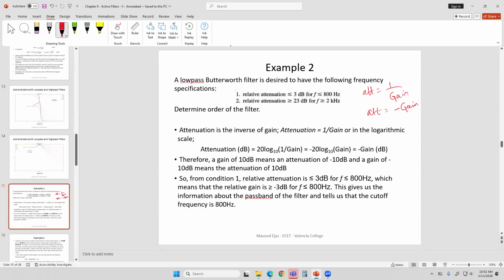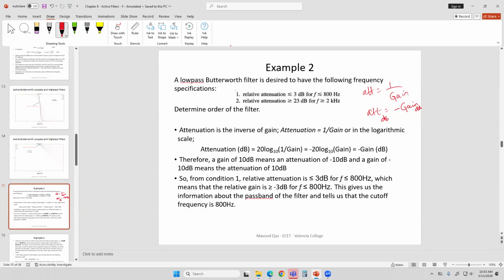So it's going to be negative gain in decibel. So a gain of 10 decibel means attenuation of negative 10 decibel, and a gain of negative 10 decibel means attenuation of 10 decibel.